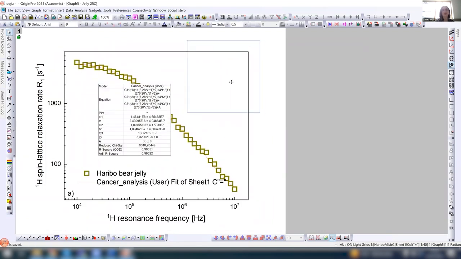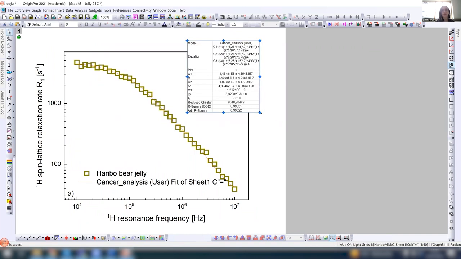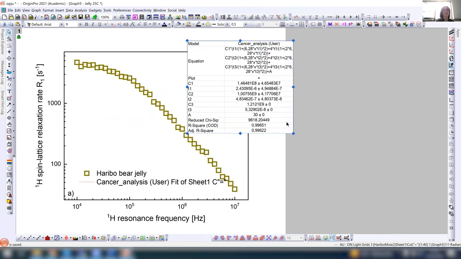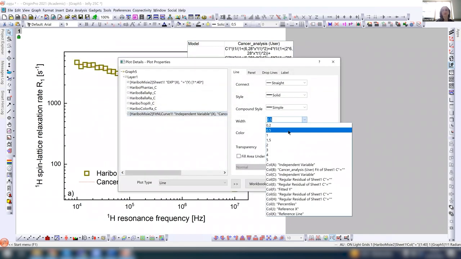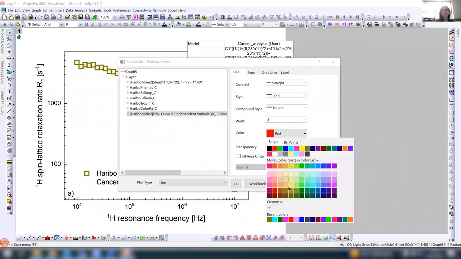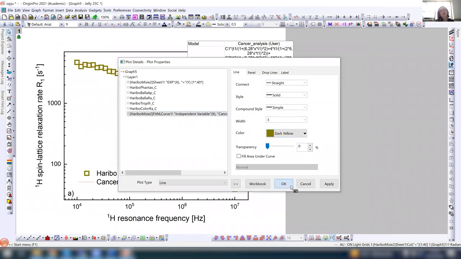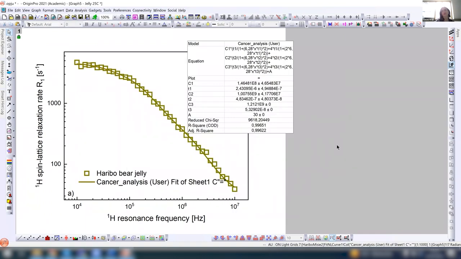So you see, I got a set of parameters and a very nice fit. So I was able to reproduce the data. And in principle, as you can see, I have those dipolar relaxation constants and the corresponding correlation times here.